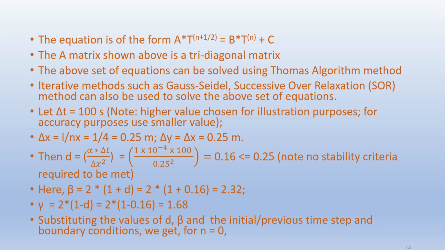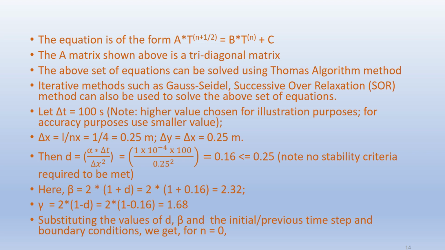Here we don't need to comply with the stability criteria, but it is given only as a reference. Beta equals 2 times (1 plus d), which is equal to 2.32, and gamma equals 2 times (1 minus d), which is equal to 1.68.